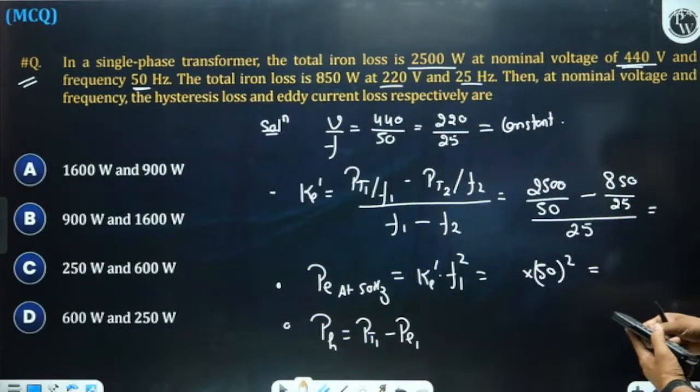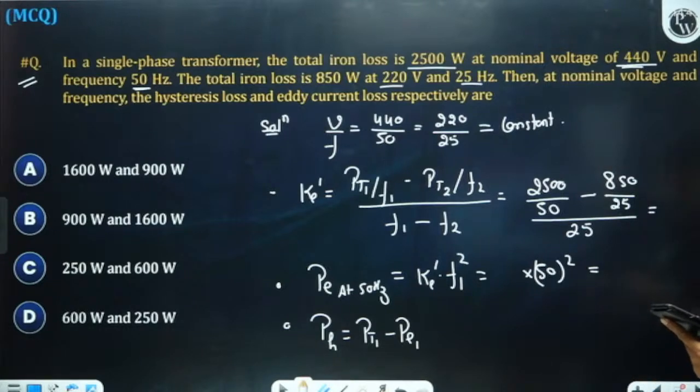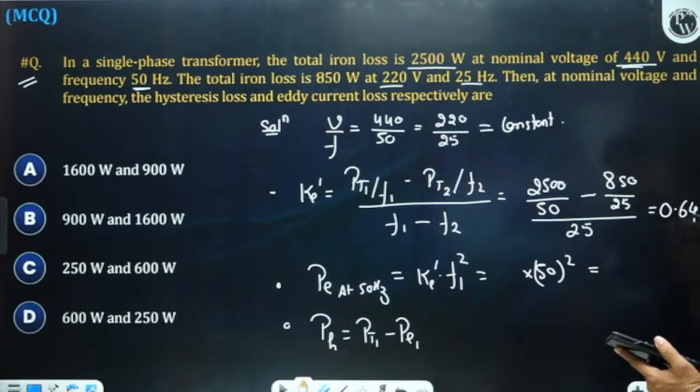Okay. Yes, sir. 2500 by 50 minus 850 by 25 gives 0.64.